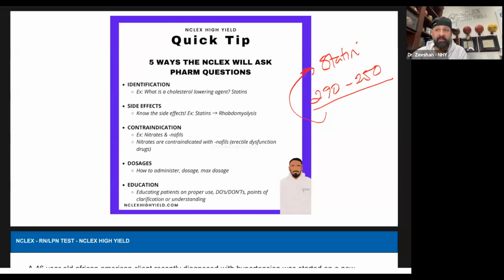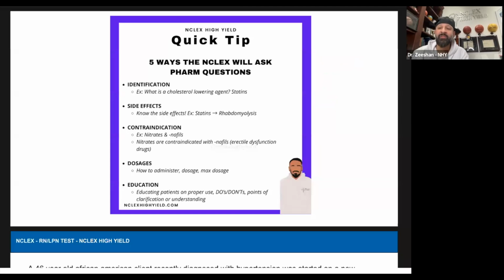It sure is. It's working. But what are we going to do here? I don't know the dose. They didn't give me the dose. But what they can ask is, what will we do? Either you will increase the dose or the frequency. So you make a dose adjustment. So that's another way they would ask it without giving you an actual dose.